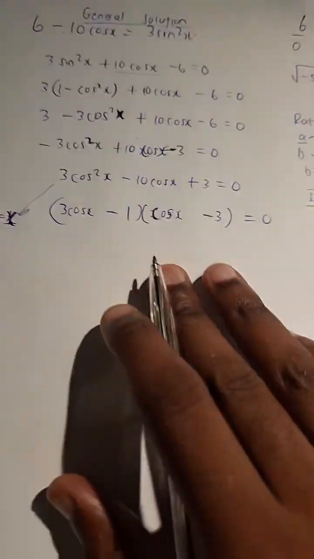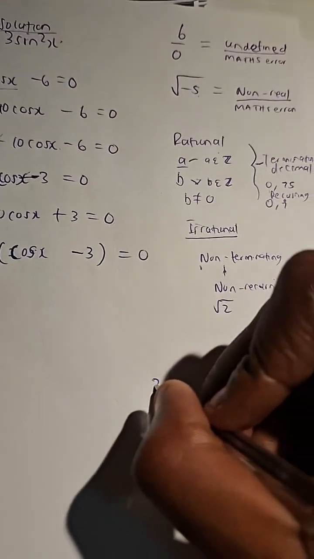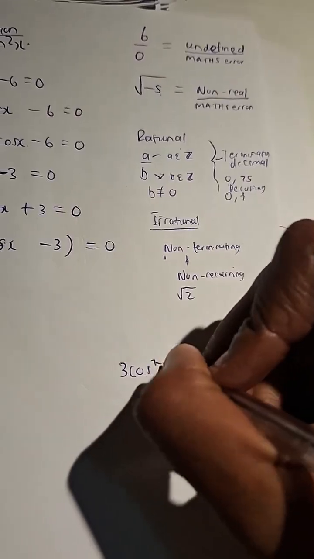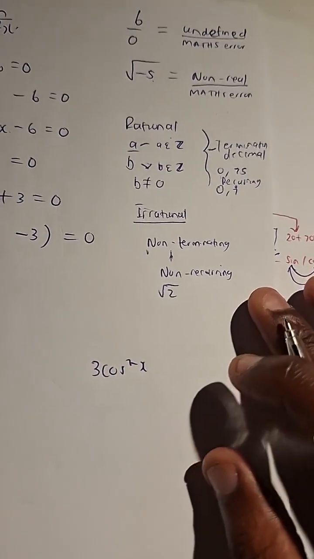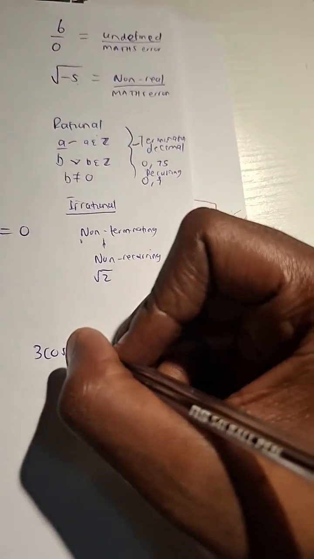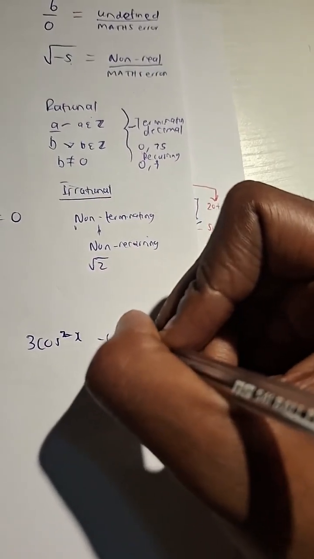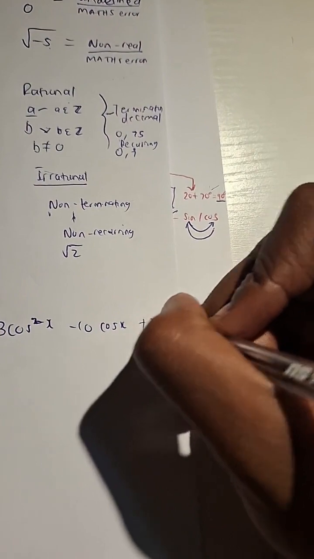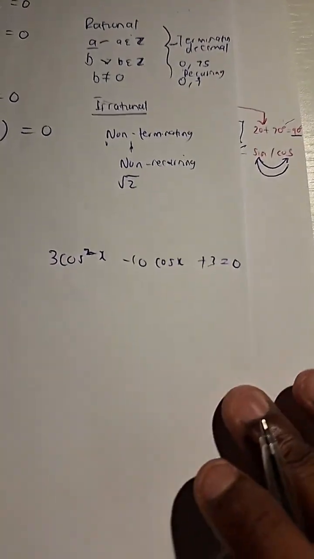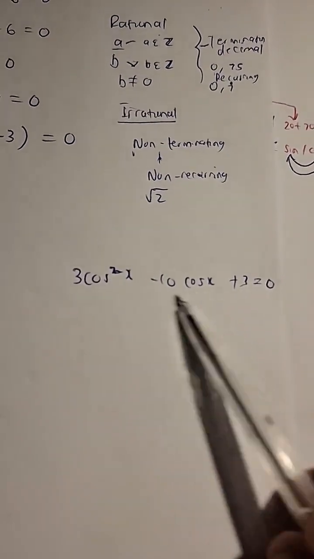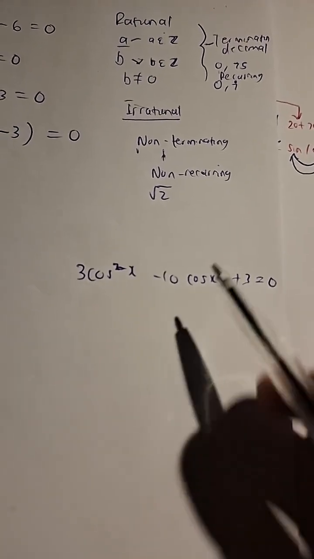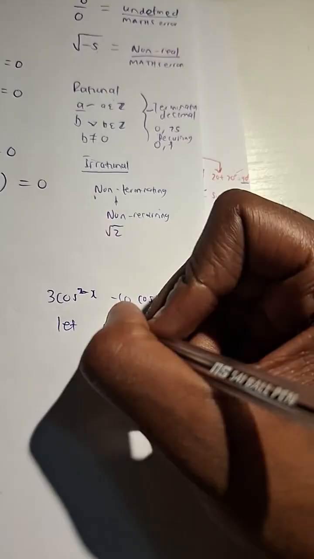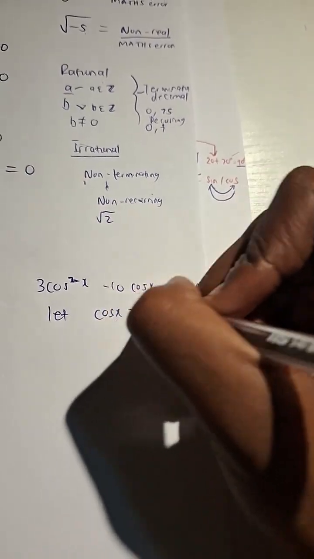For those that feel this factorization is not working out, you can let cos x be equal to x.